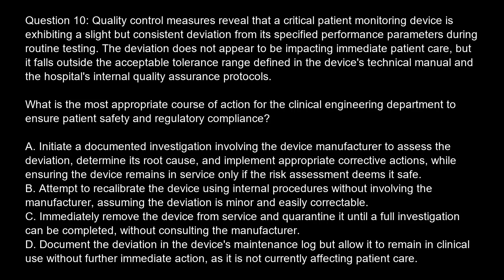Option C. Immediately remove the device from service and quarantine it until a full investigation can be completed, without consulting the manufacturer. Option D. Document the deviation in the device's maintenance log, but allow it to remain in clinical use without further immediate action, as it is not currently affecting patient care.